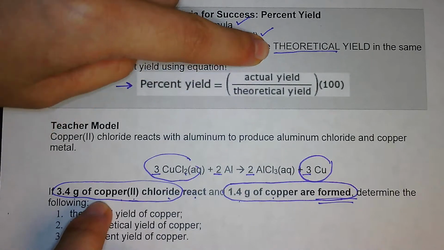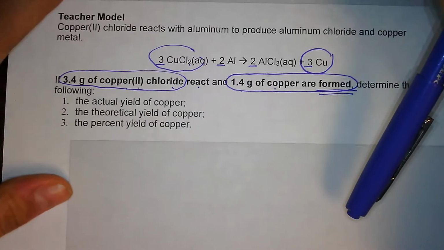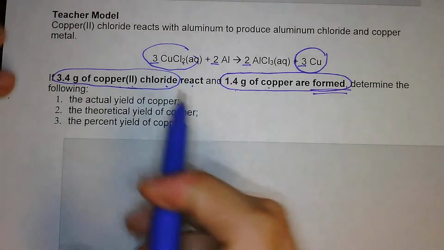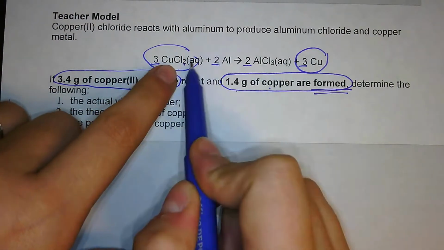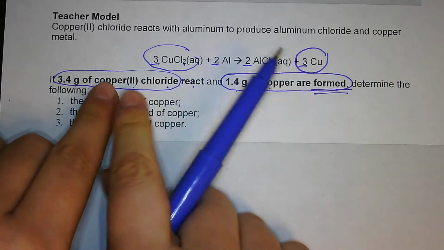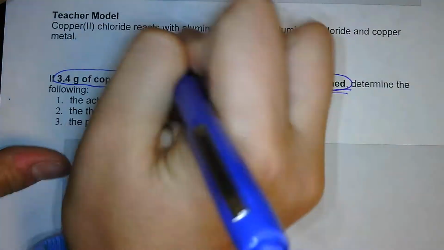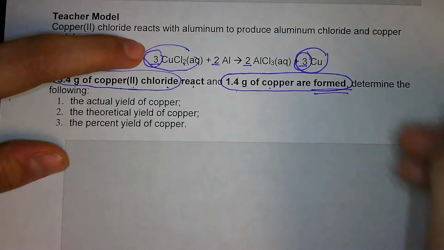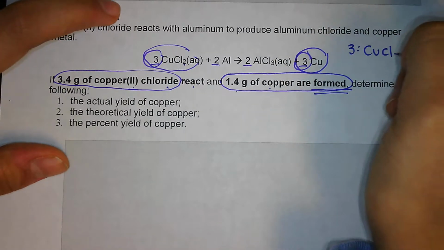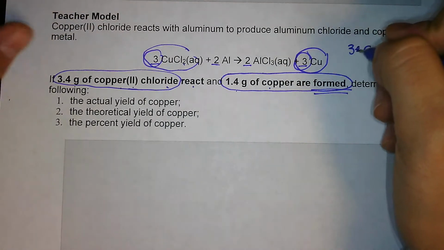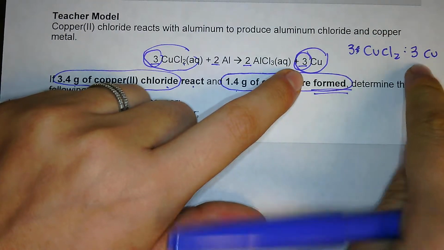So determine the amount of reactant to calculate the theoretical yield. This is the part that's going to take probably the longest amount of time. Based on our molar ratios, I know that we are comparing copper 2 chloride and copper. I see that the ratios of these are 3 and 3. For every 3 copper chlorides, I have 3 coppers. 3, 2, 3.